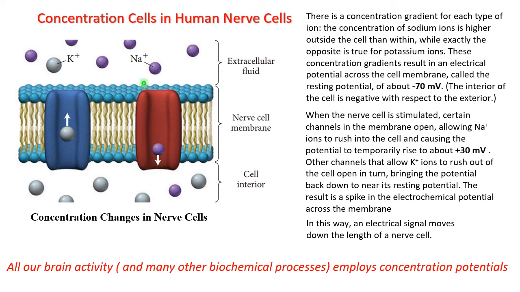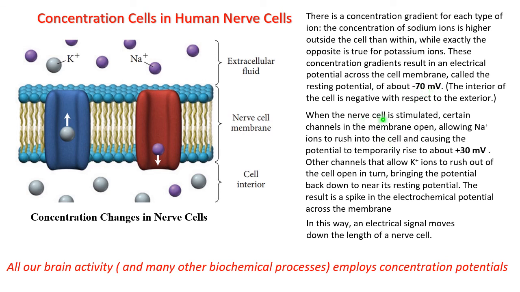So there is a gradient, or difference in concentrations. Because of that, there is a voltage between them, exactly like in the previous example. At usual conditions, it's around 70 millivolts with a minus sign.